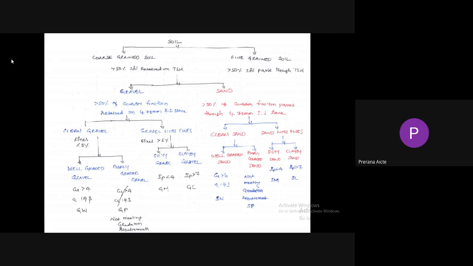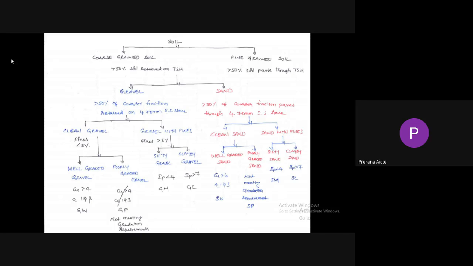If the silt and clay percentage is less than 5% in that gravel, then the gravel is treated as clean gravel. If the gravel contains fines less than 5%, it is called clean gravel. Next, gravel with fines: if the percentage of silt and clay is greater than 5% within that gravel, then it is known as gravel with fines.